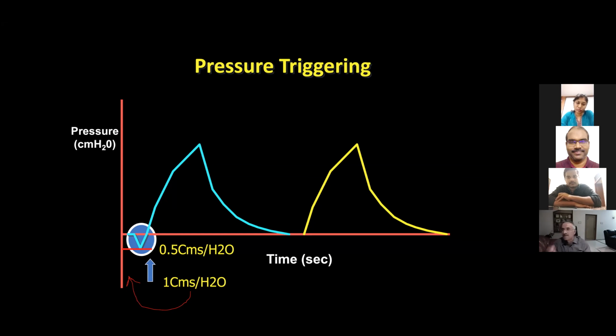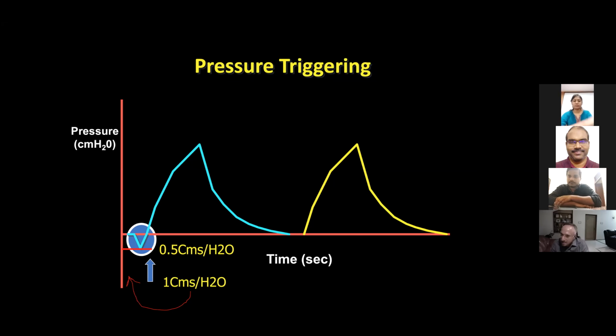Say if I keep a pressure trigger of 8 centimeters, is it physiological? No. Why? What is the normal pressure you generate for normal breathing? We generate about 4 to 5 or 6 centimeters of water to have a good tidal volume.